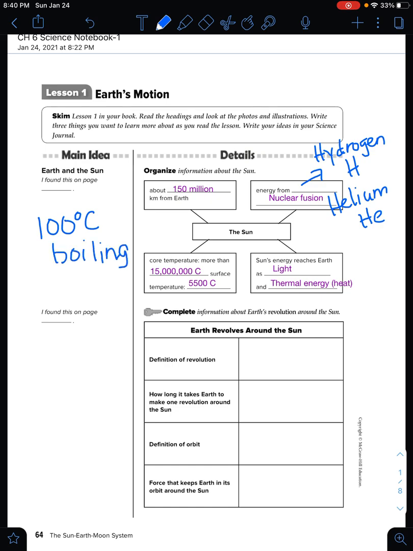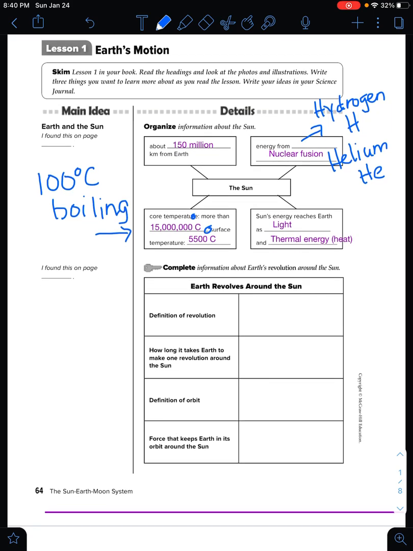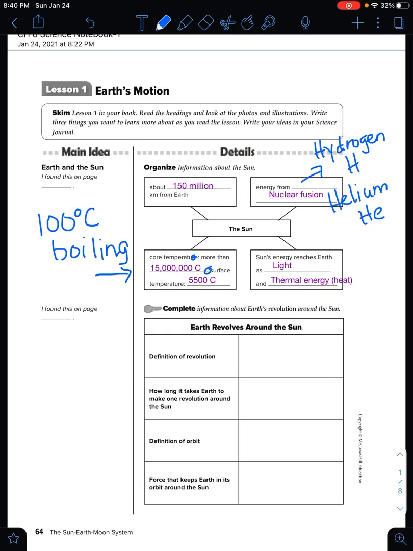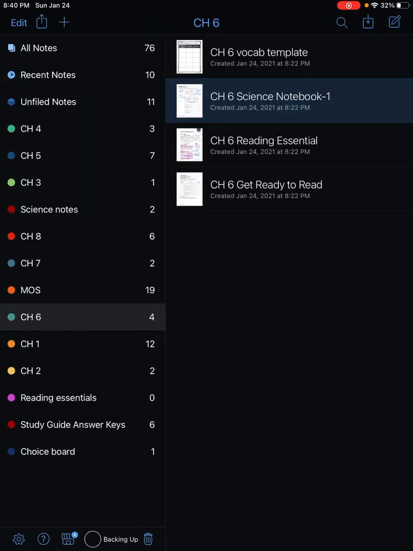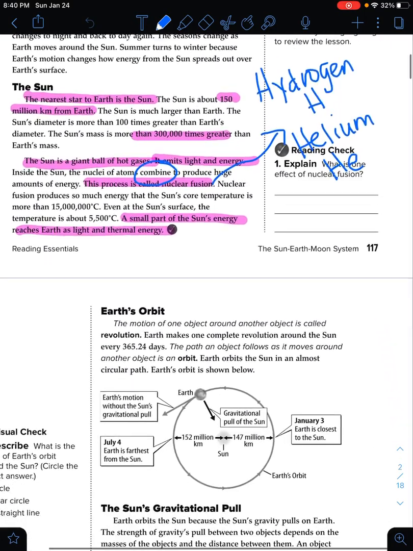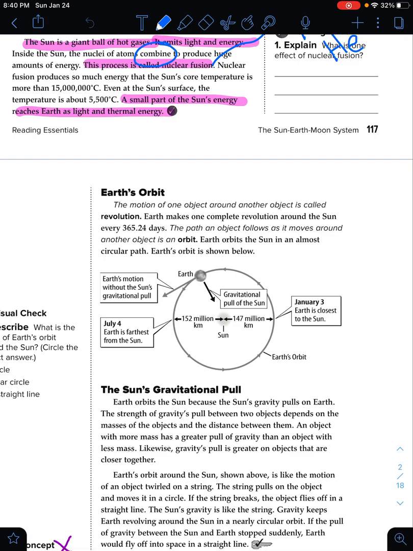That is boiling. So that gives you a really good reference for what 15 million degrees Celsius and 5,500 degrees Celsius would feel like, right? Okay, so now we are going to go back to our notebook and finish this section here.